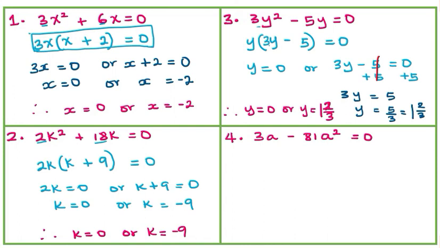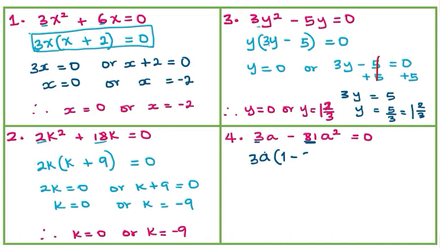In the final example, factoring this out, we can see that 81 can be divided by 3 to get 27. So we can get 3a into 1. 3a times 1, we get 3a, minus 27a, which is equal to 0.